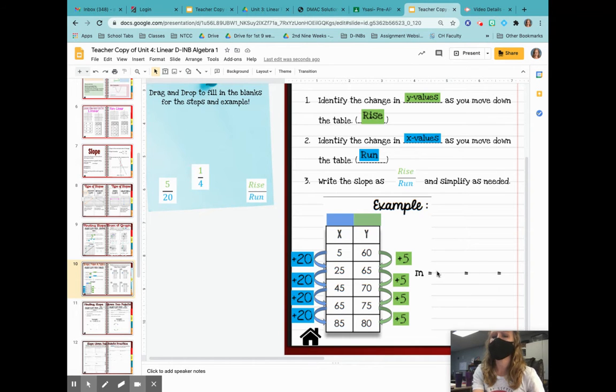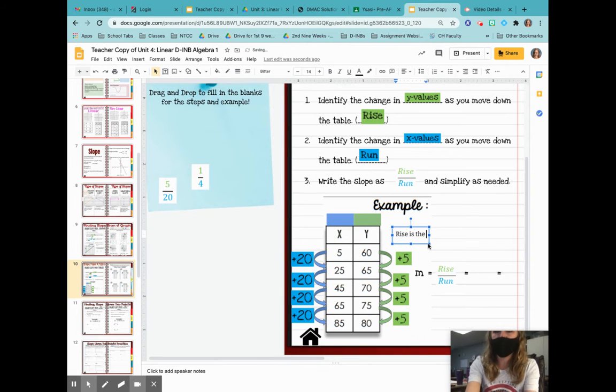Then we write our slope as rise over run. The rise is the change of the y values. Let's put here, rise is the change in y values.